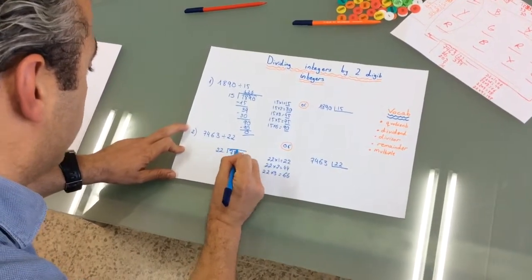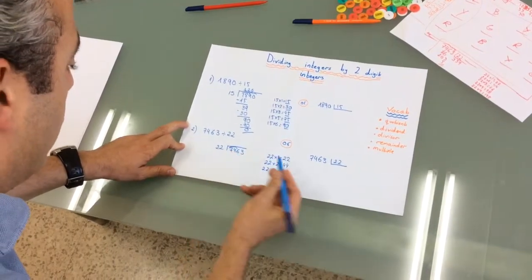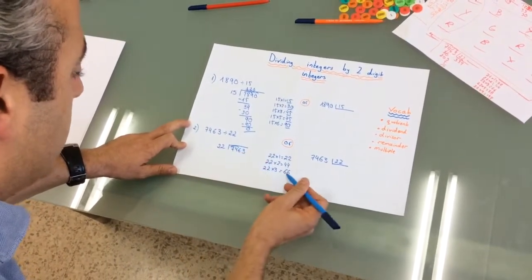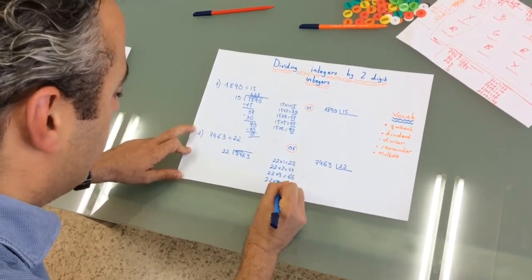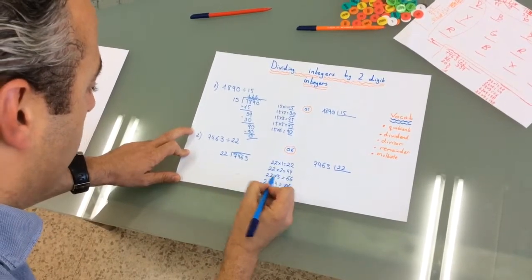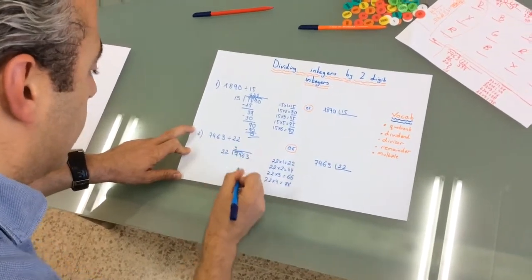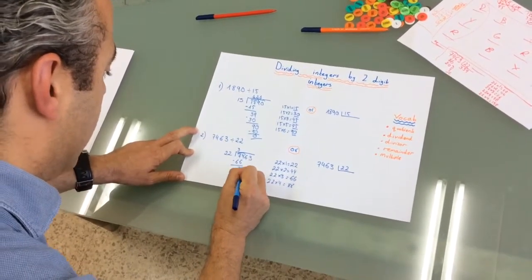74 divided by 22, and I choose 74 because 7 is not big enough, so I have to think which number comes close to 74. I can say 66. If I had to do 22 times 4, 88 is too big, so I'm going to choose 3, and I subtract the multiple, which is 66. 8.